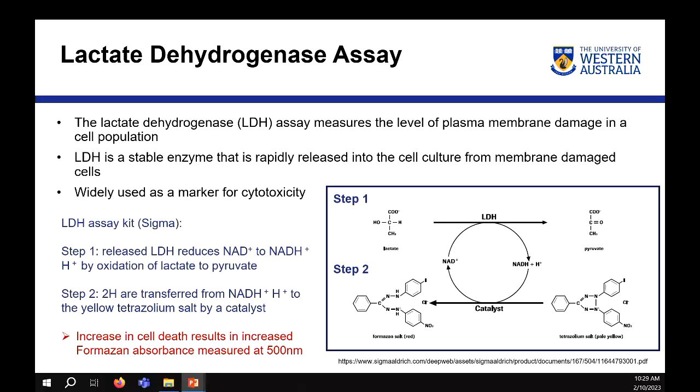And there are 2 reactions. First of all, the LDH reduces NAD to NADH by oxidation of lactate to pyruvate. So that's the first step. And then the second step is this NADH is used in this reaction, and you'll recognize this reaction because this is the tetrazolium salt catalyzed to the formazan salt, and so the red is what it is that you measure.